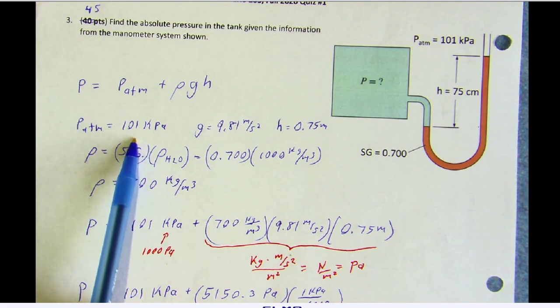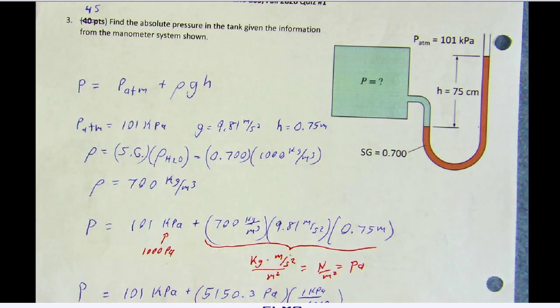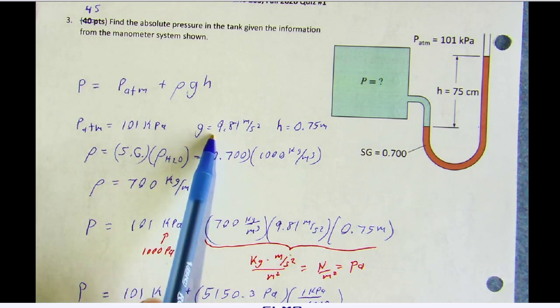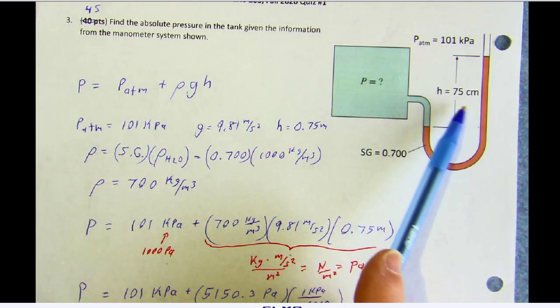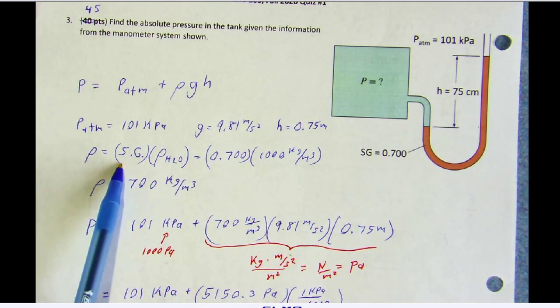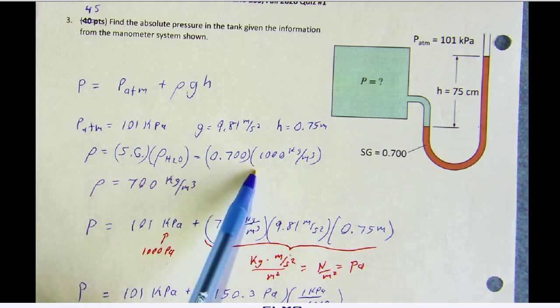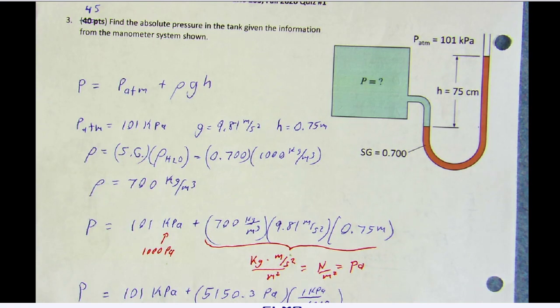We're given atmospheric pressure, 101 kPa. And we know the acceleration of gravity and the height, right? The density of the fluid you just have to solve for. It's specific gravity times the density of water, so we get 700 kilograms per cubic meter.